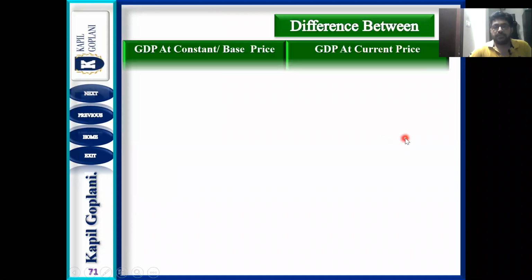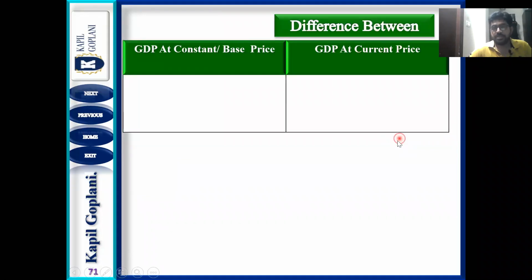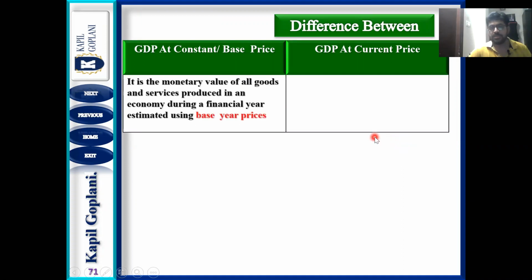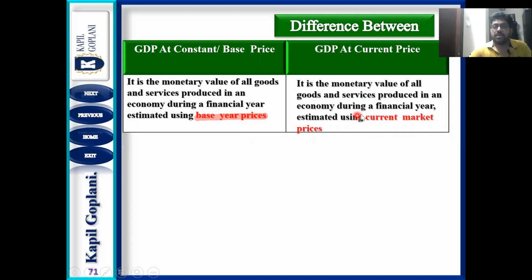Now, the difference between the nominal GDP and real GDP. First, GDP at constant price or the base year price: as you can see, the calculation has been done on the basis of base year price. And in case of GDP at current price, the calculation is being done at the current market price. When the GDP calculation is taken with current market prices, this would be known as your GDP at current price.